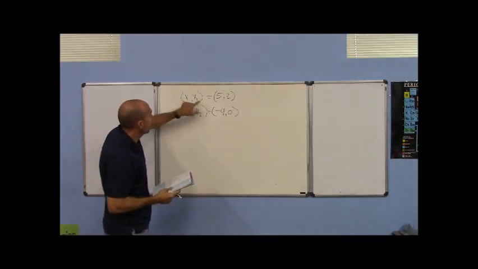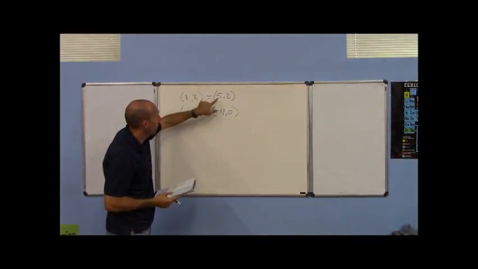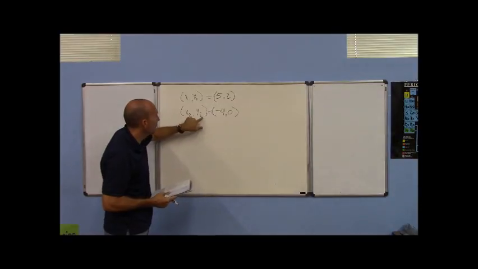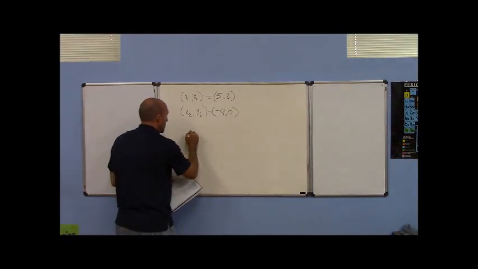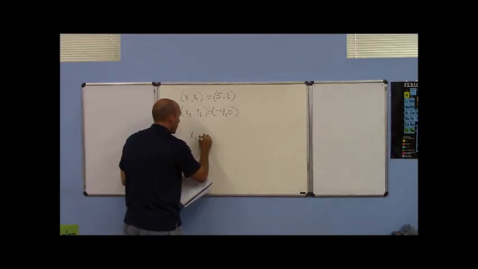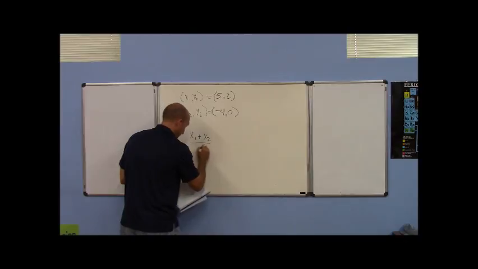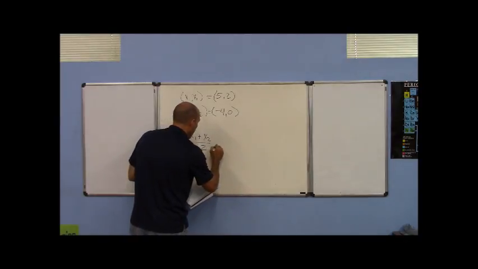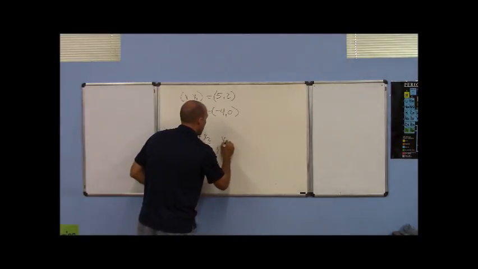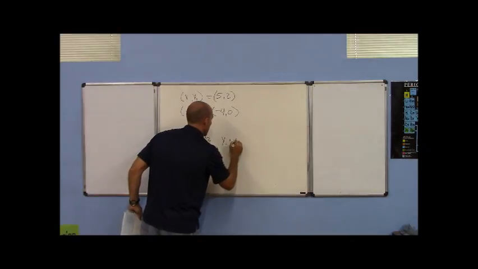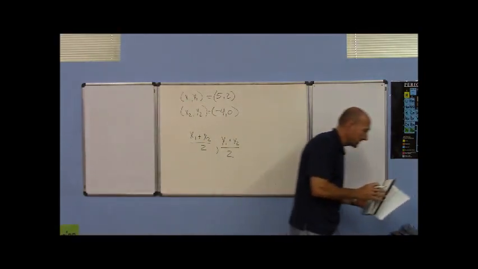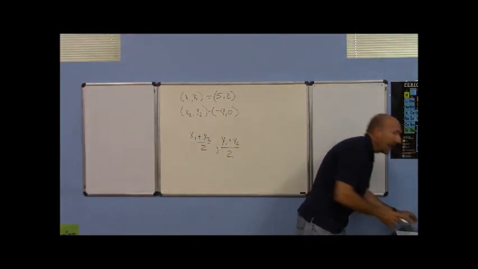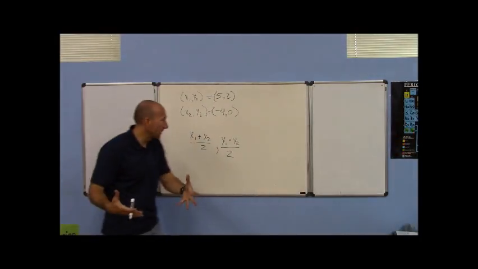So we have x1 and y1, our first coordinate point, 5 and 2, and x2 and y2, -4 and 0. Now we can plug them in: x1 plus x2 divided by 2, and then y1 plus y2 divided by 2. Now what that does is that gives us the actual coordinate point.